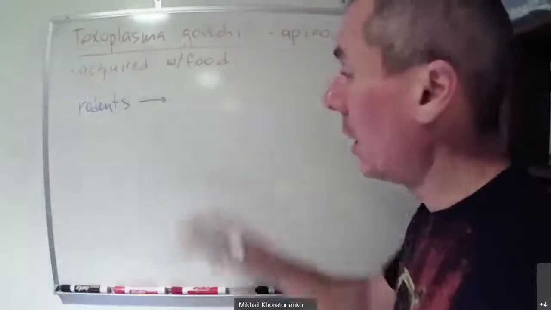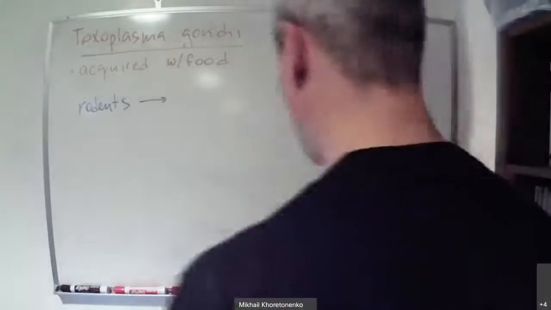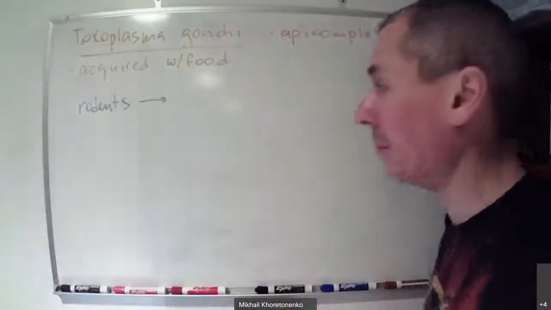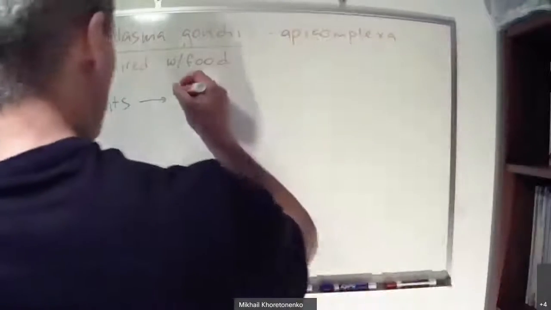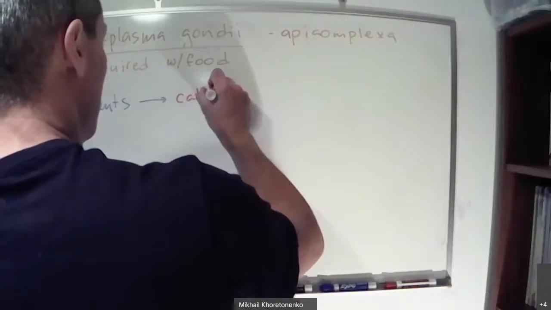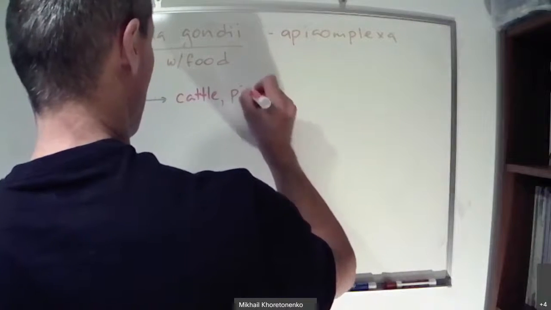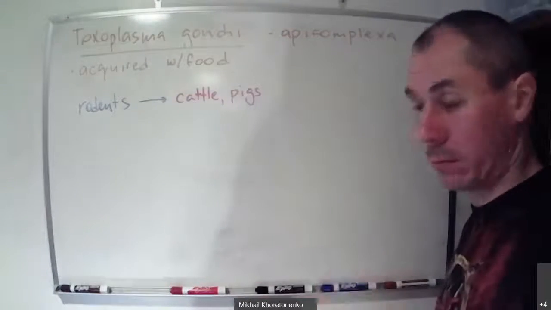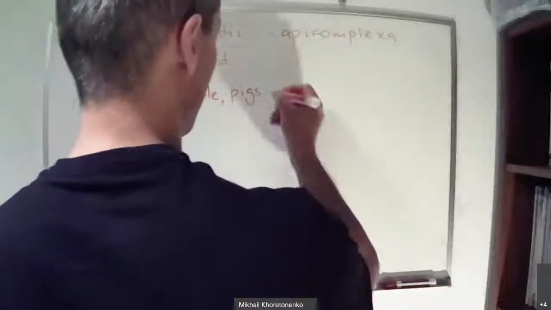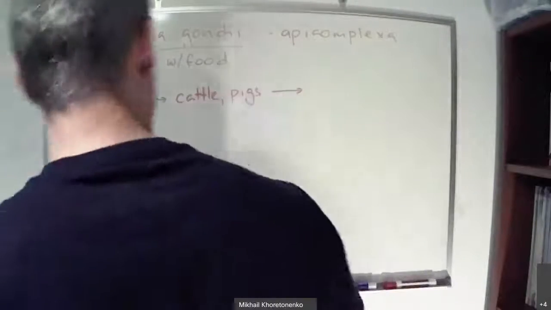The rodent feces contaminate stuff, and this fecal matter is consumed by cattle or pigs, and of course sheep are also included. Herbivores. And then those herbivores are consumed by humans.